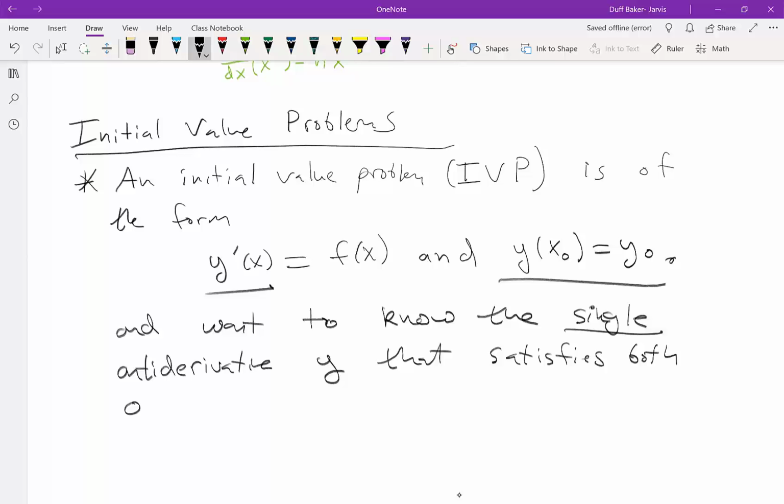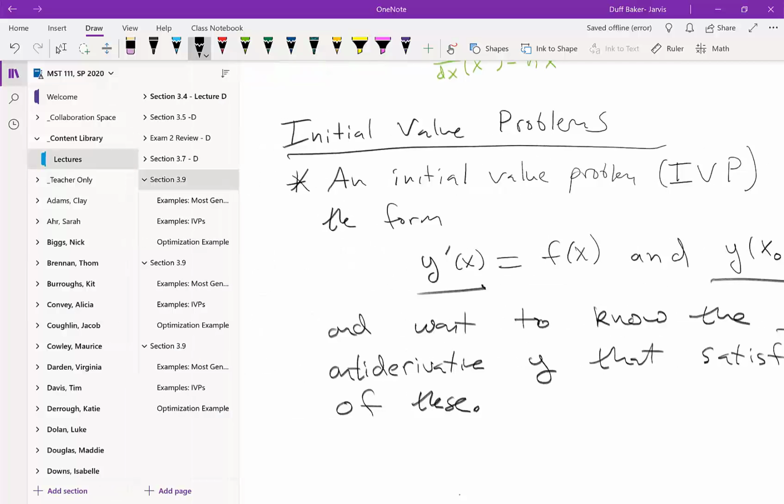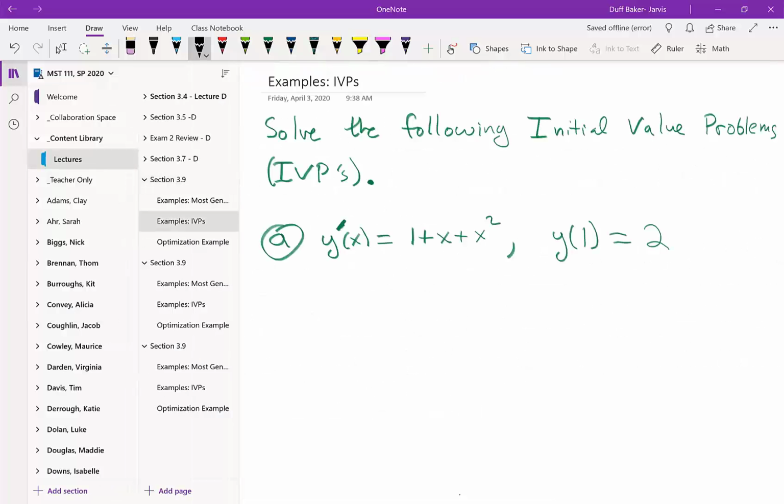So we're only looking for one here. We're not looking for the most general one, we're just looking for one in particular. And so that's the definition. It's easiest to understand what these are by doing examples, because it's a pretty simple procedure. So let's just look at a few of them.